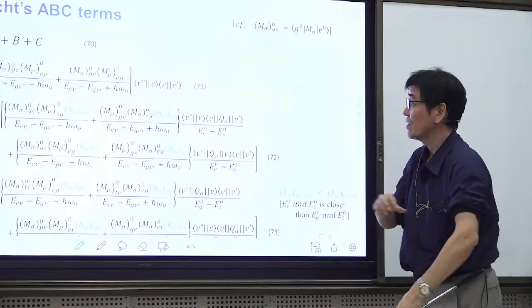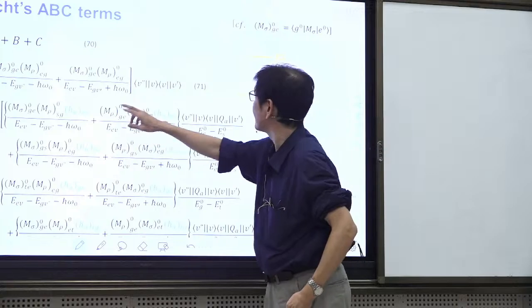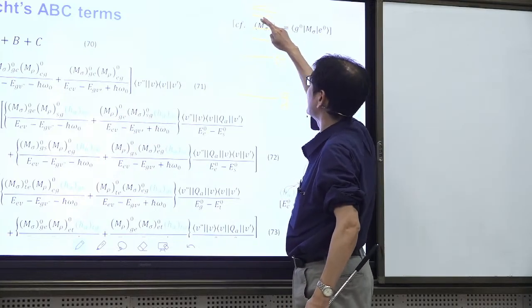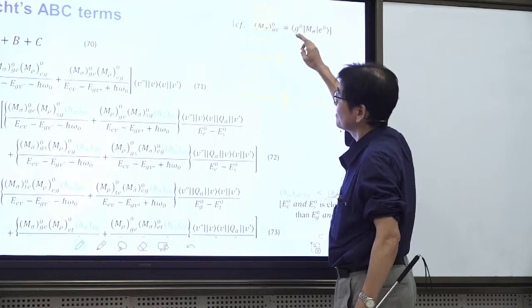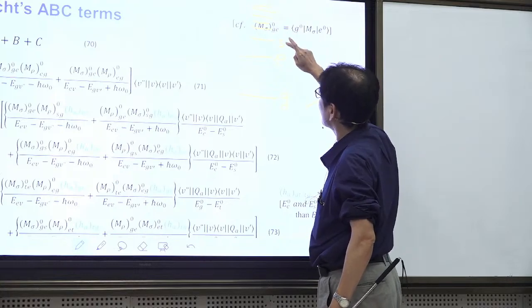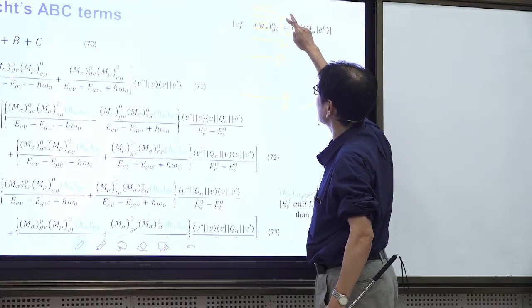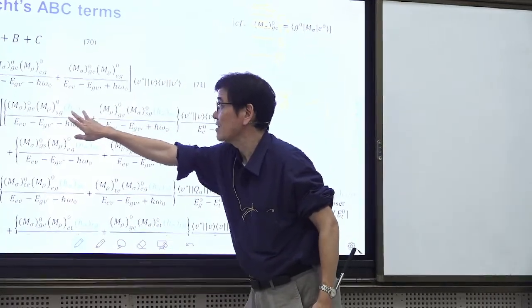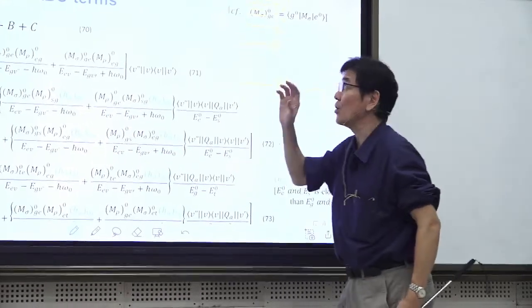The excited state cannot be a pure excited state because of the mixing of the wave functions. So there are many upper states, S1, S2, S3.